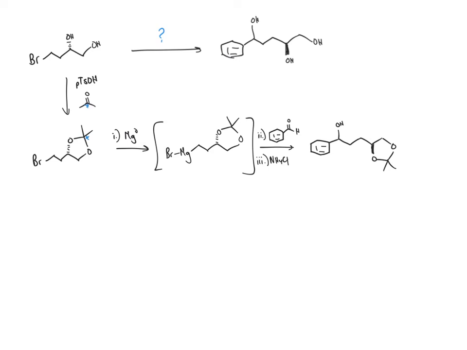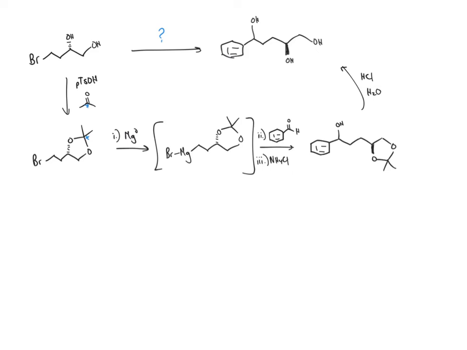Then we can treat that acetal under hydrolytic conditions, so HCl and water, and that's going to regenerate your diol. And so this is another example of using acetals in synthesis.